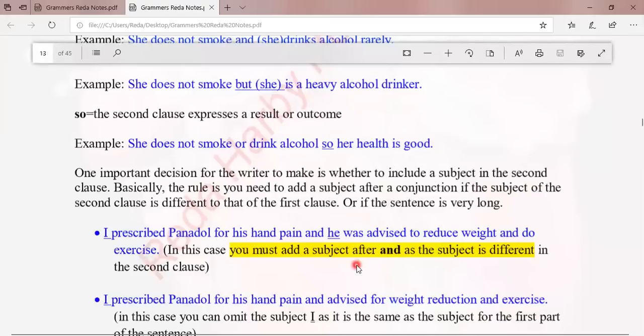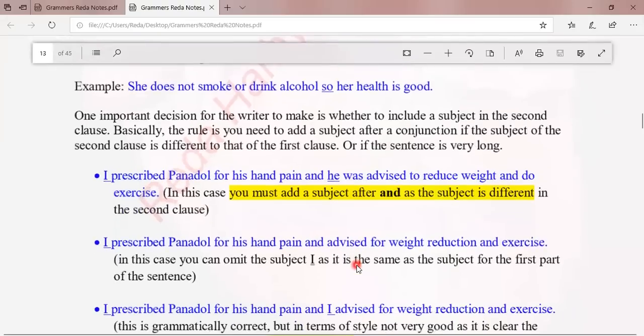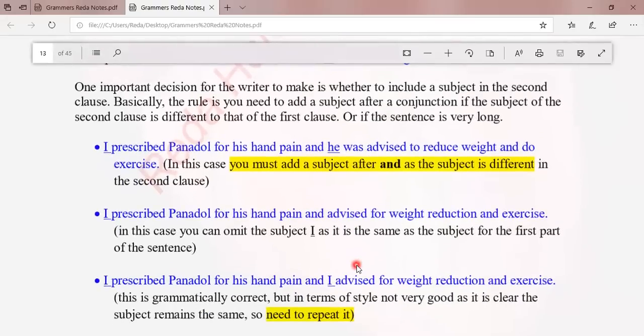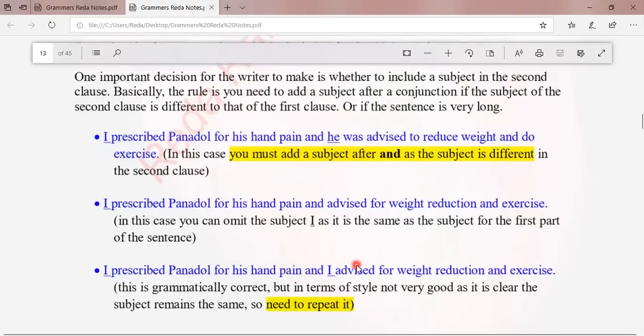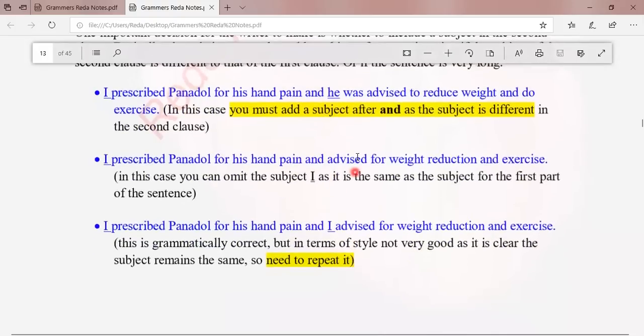I prescribed Panadol for his hand pain and advised him for weight reduction and exercise. Very nice. Here I didn't add another subject after and. I didn't add I again because it is the same. It is common for this sentence and this sentence.